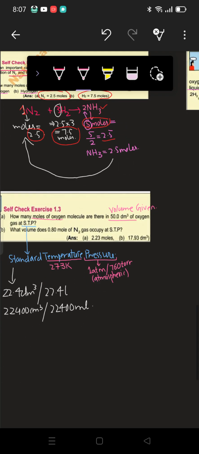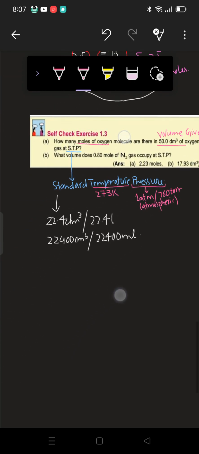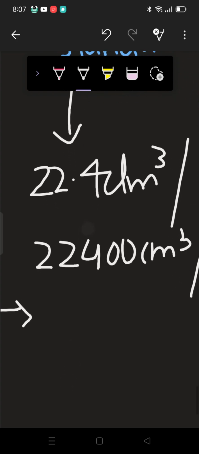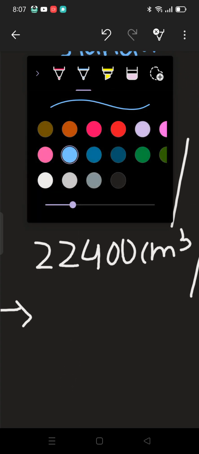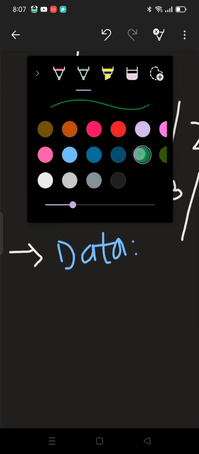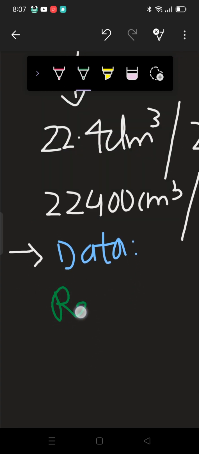Now, wait, let me make the data first. We're going to solve this problem by the 5 basic steps, as I've already taught you. The first step is to create the data. Second, you need to write the required value, what is required.